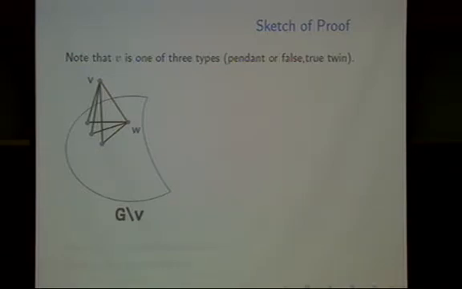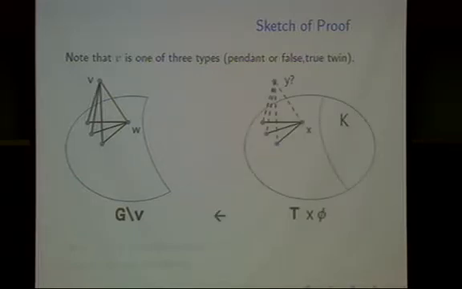In this picture, V is a true twin of W in G delete V. Since T cross pi, if you delete the vertex set K in T cross pi, then you get G delete V. So there is a vertex X corresponding to W in T cross pi, and to get a vertex V, there must exist a vertex Y in T cross pi.